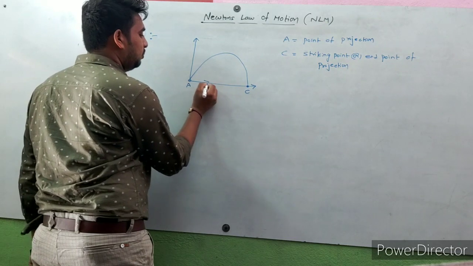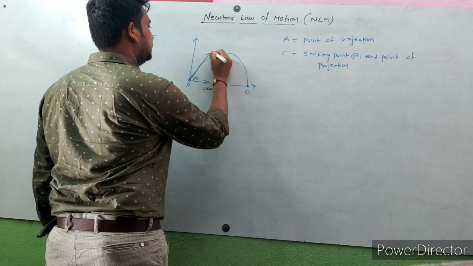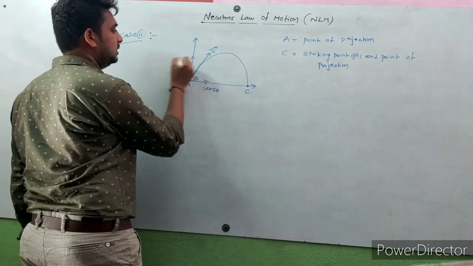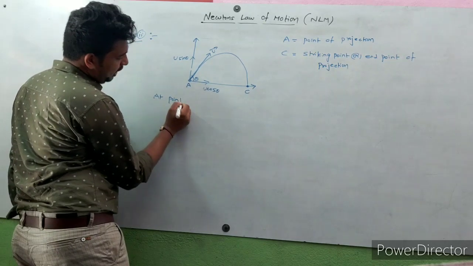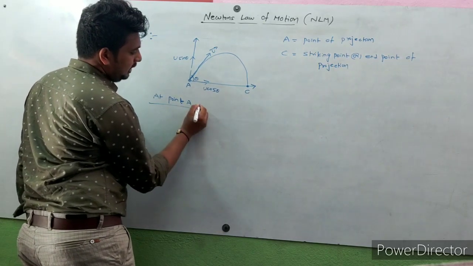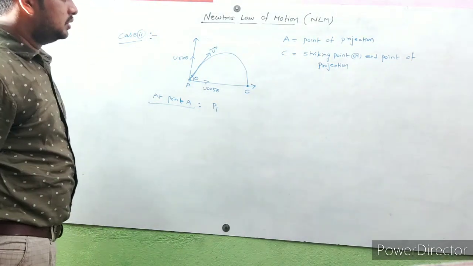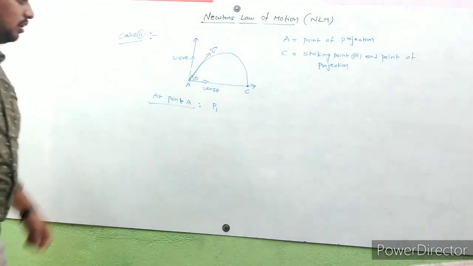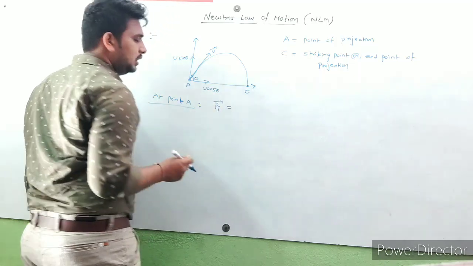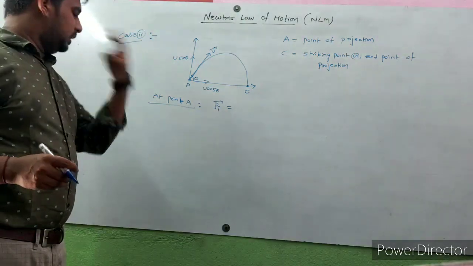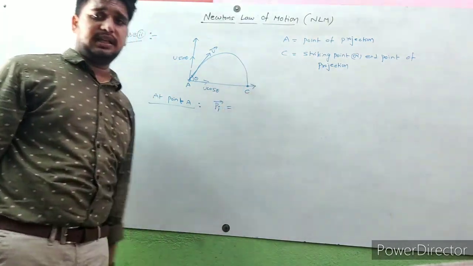So at point A, u cos theta, so this is theta, so this is u bar, so u cos theta, this is u sin theta. So at point A, pi bar is equal to, so I did a small mistake in the previous thing.